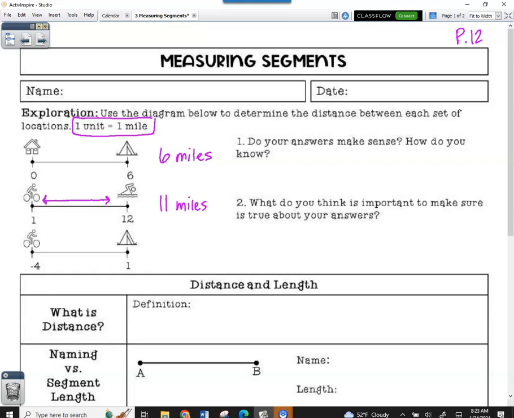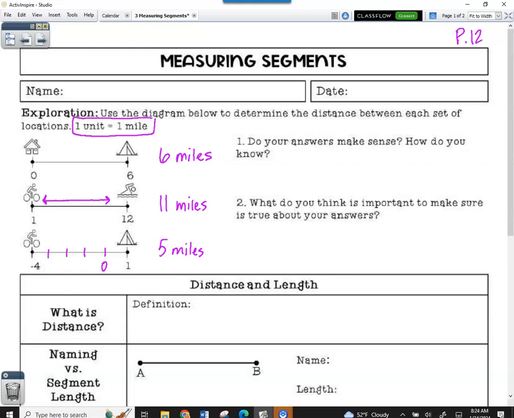Now the next one was not necessarily more challenging, but just now notice it says -4 up to 1. So what's the distance between them? 5 miles. Notice -4, if you need to see it, that'd be -3, -2, -1, 0, 1. And then you can see that it's 5 units, so it's 5 miles.